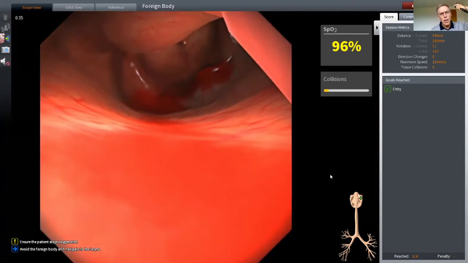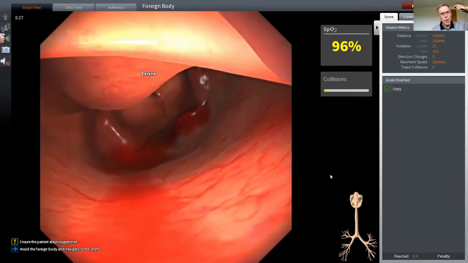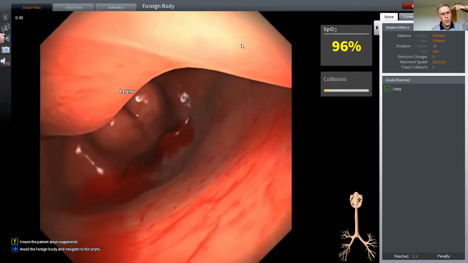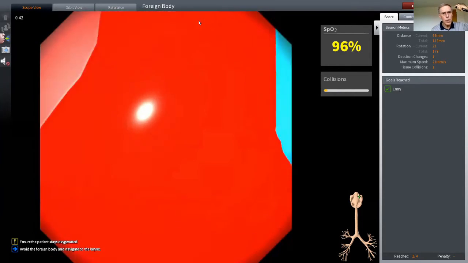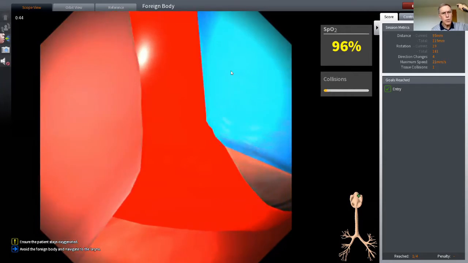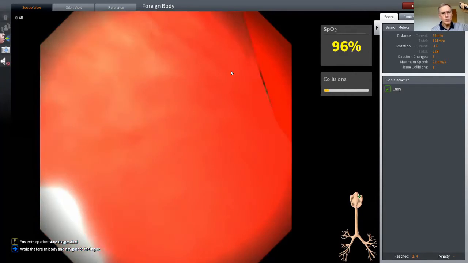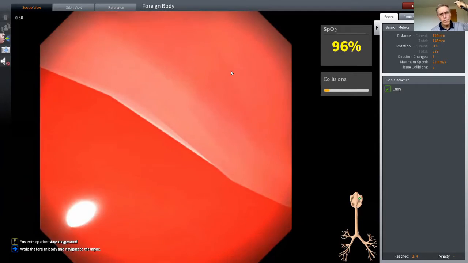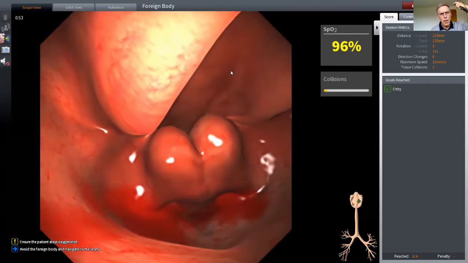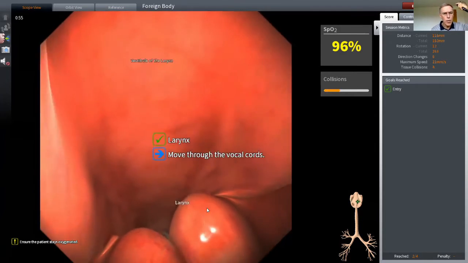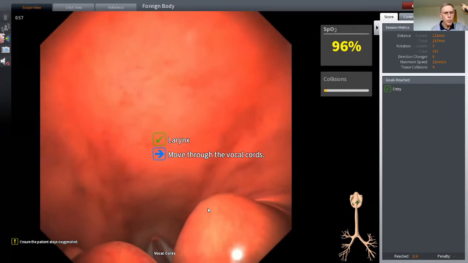past the tongue, and there's the epiglottis. And beyond that, we can see coming into view. I'll just realign that. But there's the arytenoids, and beyond that, I should find the vocal cords.